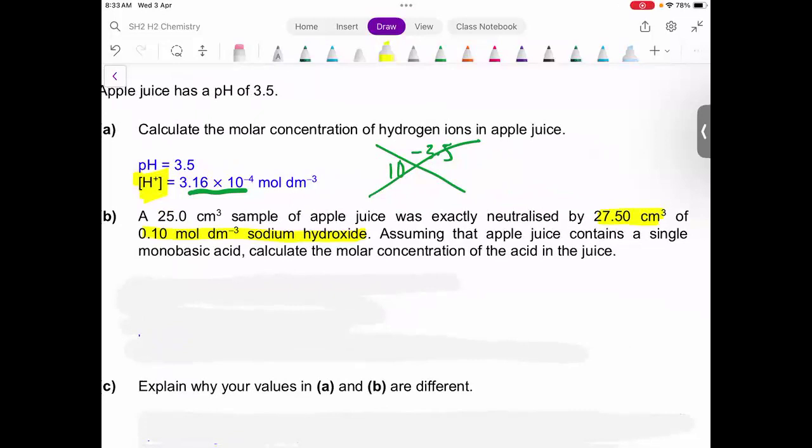Using the titration result, this will give you the concentration of the acid. It will also be equal to the concentration of the H plus because at this point, it has undergone full dissociation.